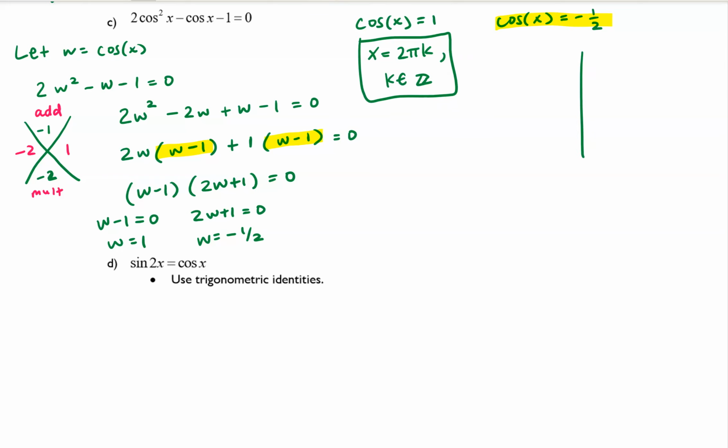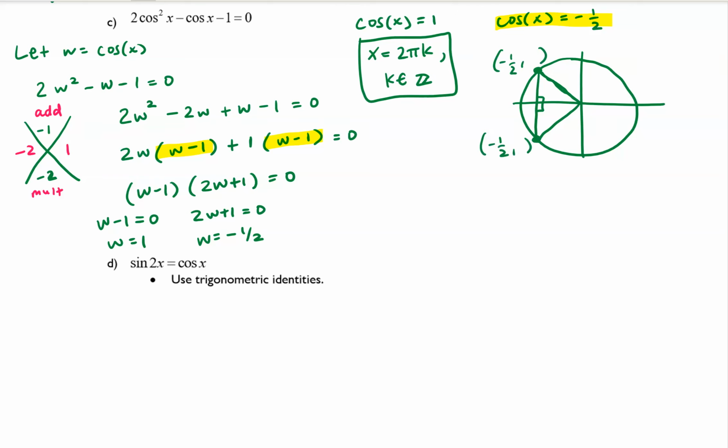So if I draw my unit circle, there are going to be two locations where the x-coordinate is -1/2. And so my job is to figure out what angles those are happening at.